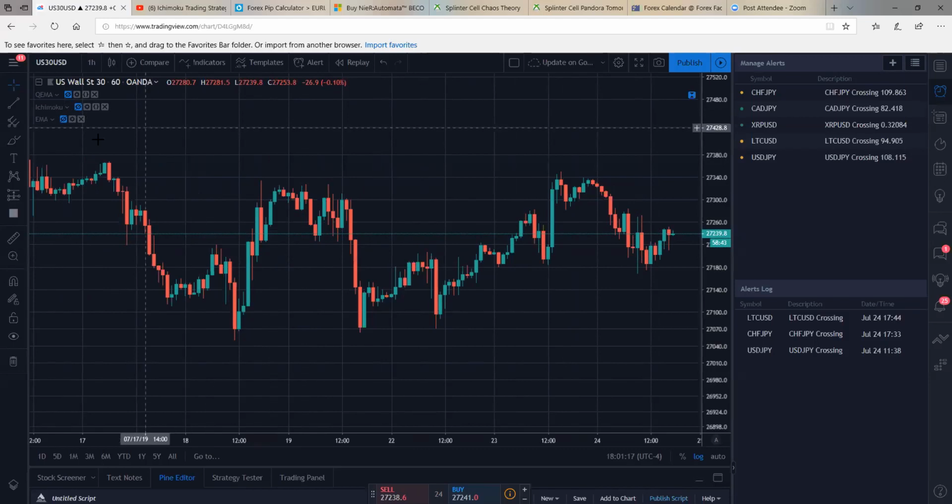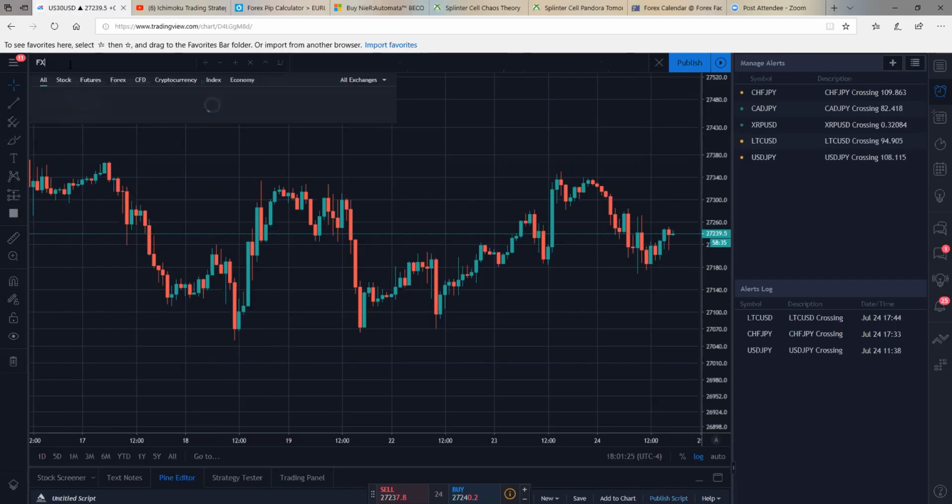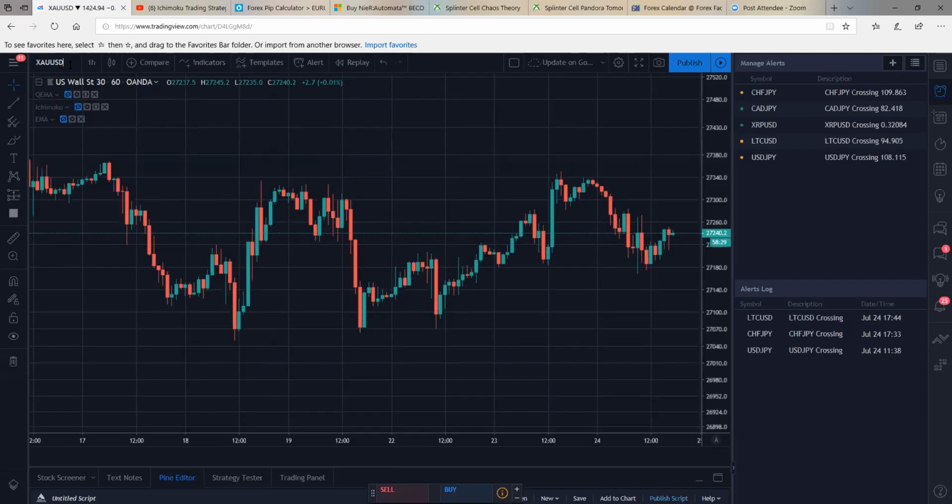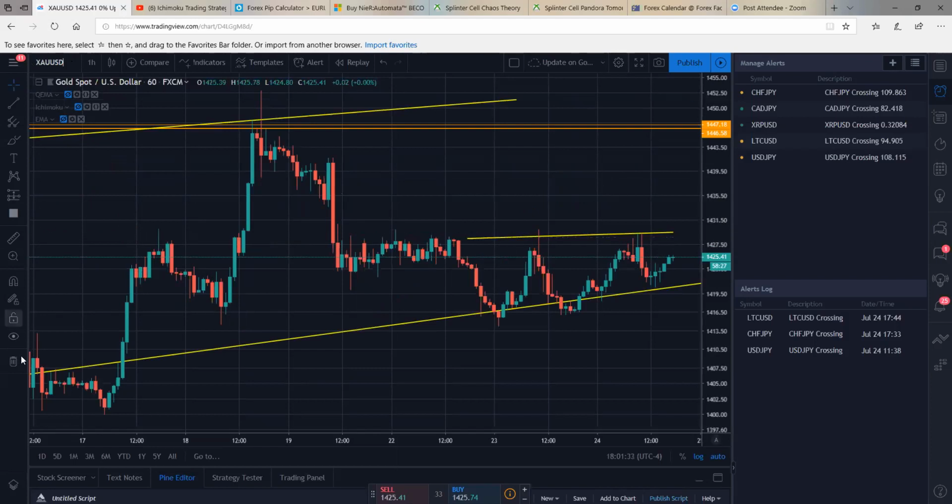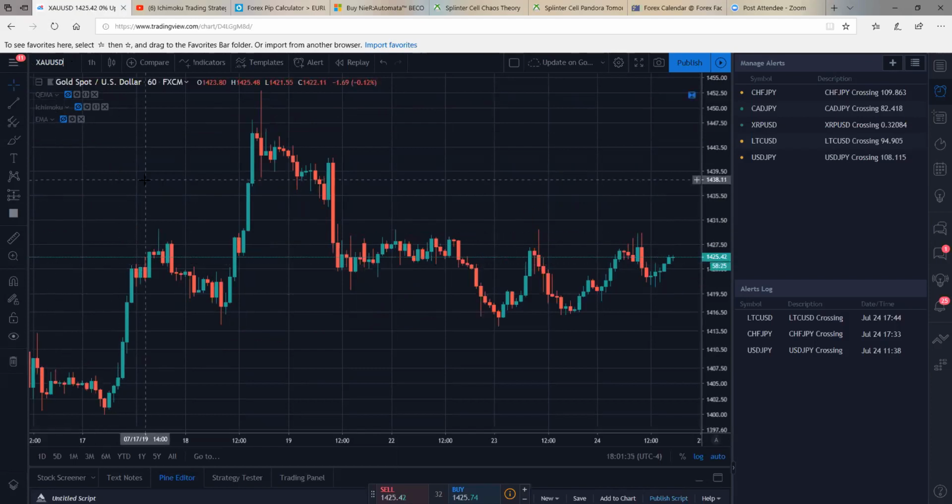So we are going to go to a commodity. This commodity is called gold, the actual metal. Actually, let's do something more Forex, more of a Forex pair.